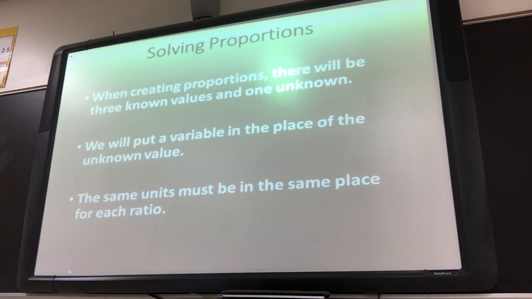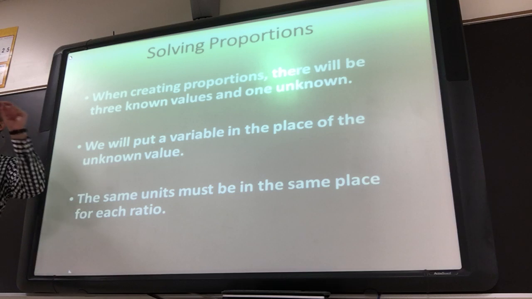When we start to create our own proportions, we'll go back to this, but the same units must be in the same place. So if we had miles and hours, if miles is on top for the first ratio, miles has to be on top for the second. Hours has to be on the bottom. That's what I meant by the same units must be in the same place.